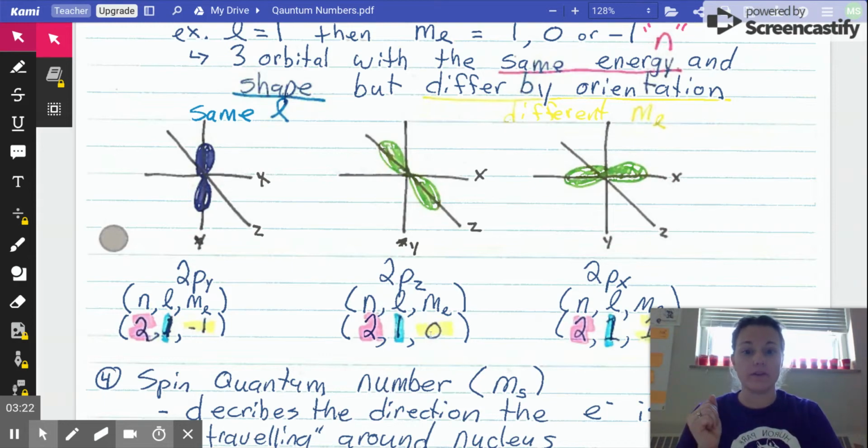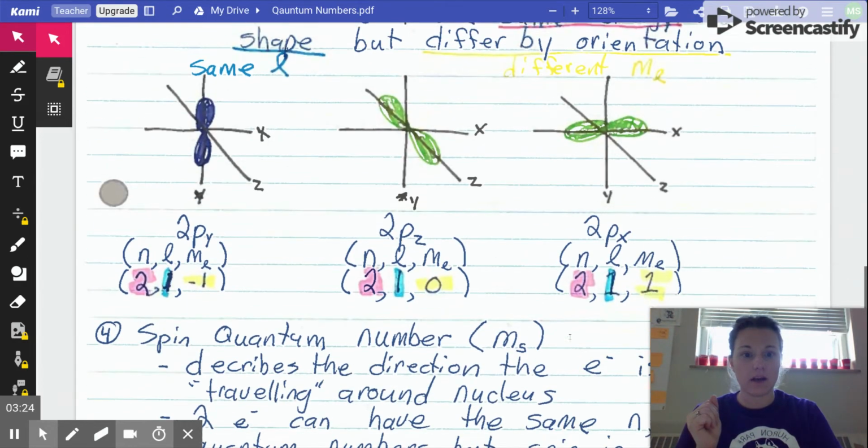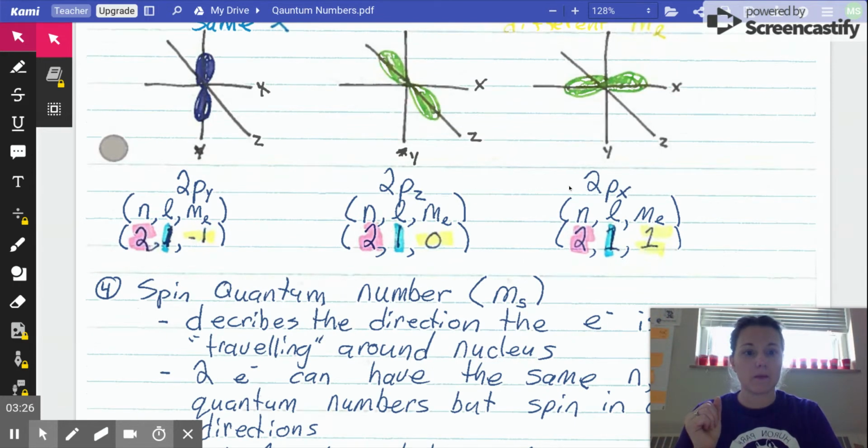So that is ML 0. And then our last one, 2px, is when you have the same amount of energy because you're the same distance from the nucleus, so you're N equals 2. You have a dumbbell shape, so L is 1, and ML is 1. And now your dumbbell shape is oriented this way around the nucleus.